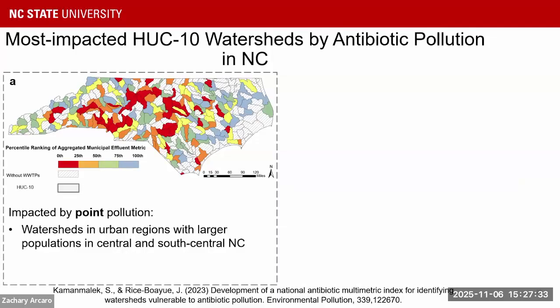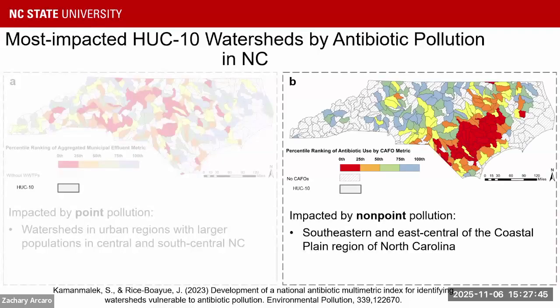We looked at HUC 10 watersheds, and those in red are more impacted by point pollution. These are, of course, going to be localized to areas where we have our major cities. And then, probably not a surprise to those who have done anything with livestock agriculture in North Carolina, our red is coming up to the top on the eastern portion of the state.